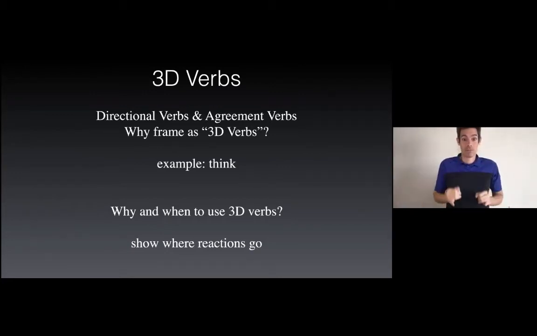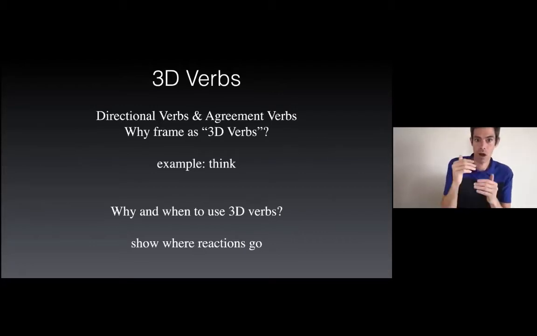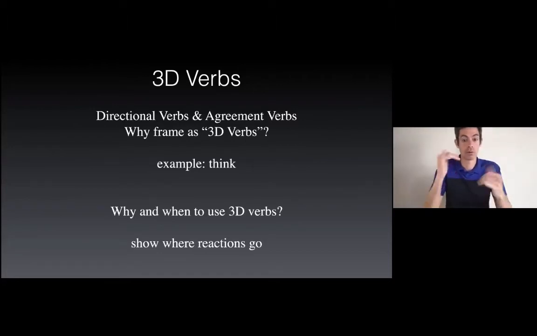It could be just an individual is reacting, like thinking. So you're showing a 3D action, thinking, as it's all coming out. It's just me as an individual, and I'm still going through this 3D verb motion. So you can see where the different reactions are.